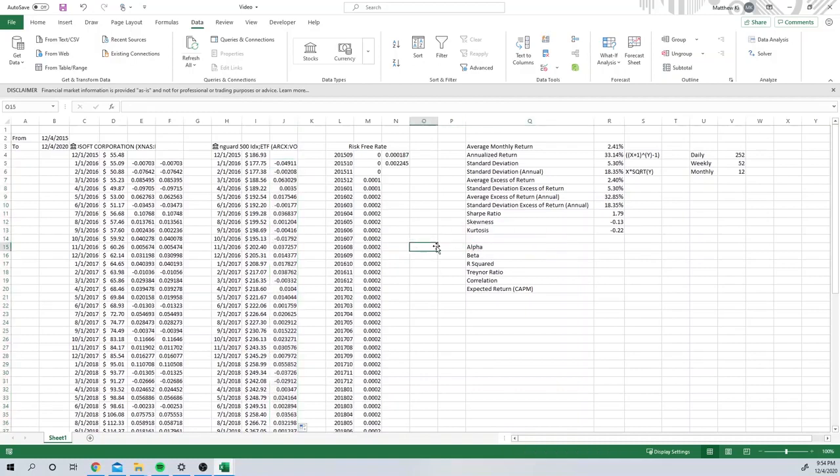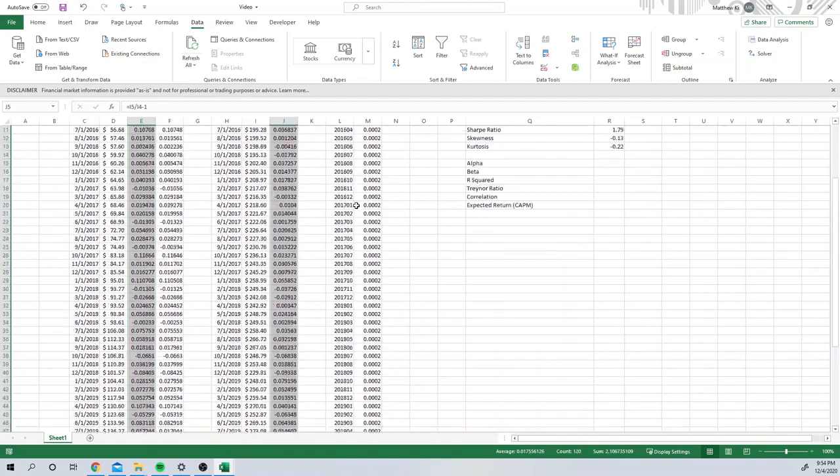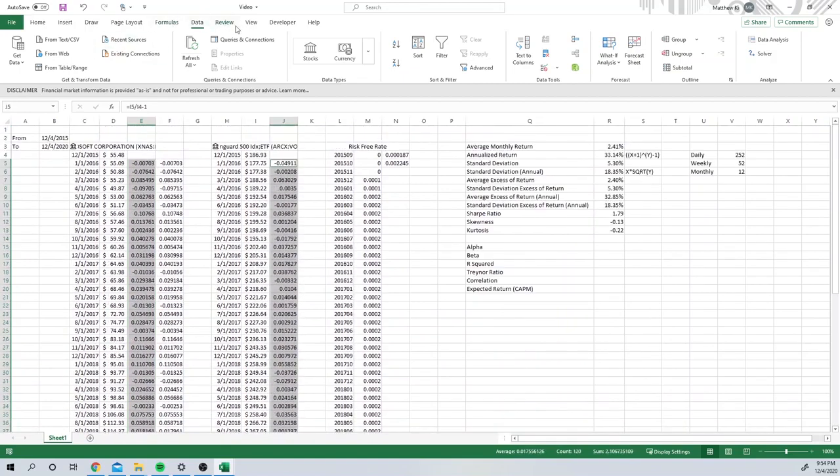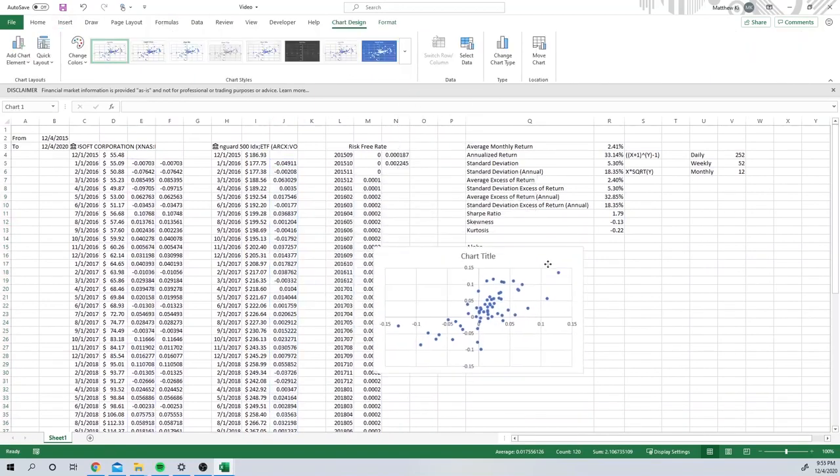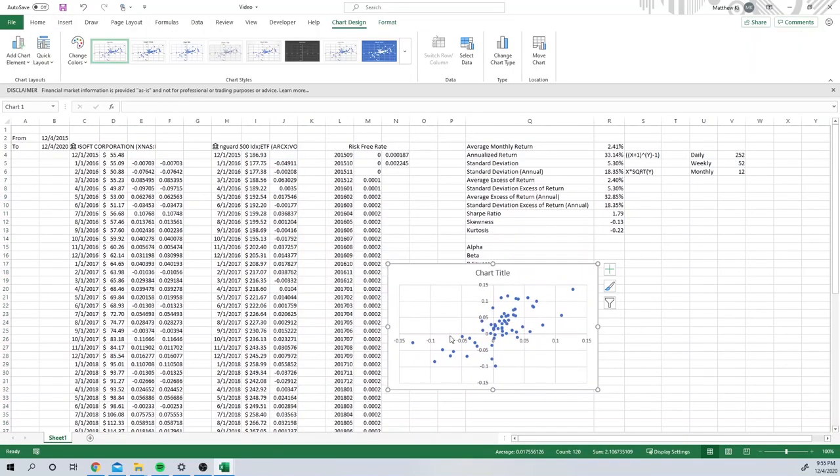But first, I want to show you where these numbers come from. I'll give you a visual. If I take the returns on Microsoft and the returns on VOO, the market, and create a scatter chart, the x-axis is the S&P 500, how it performs. So if it went up 5%, this would be the dot for 5%, 5.6%.